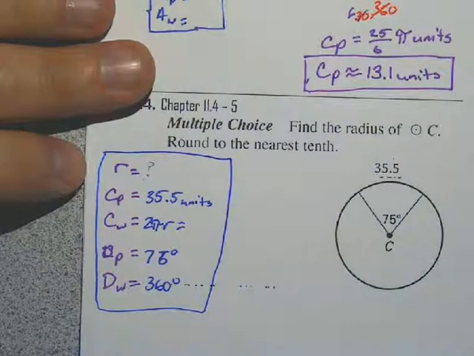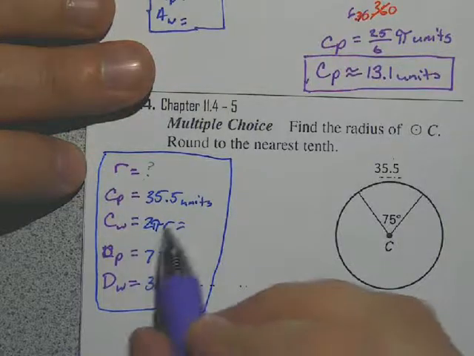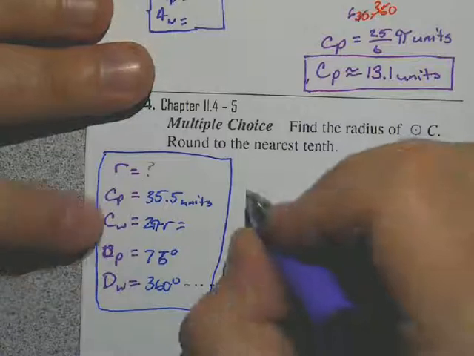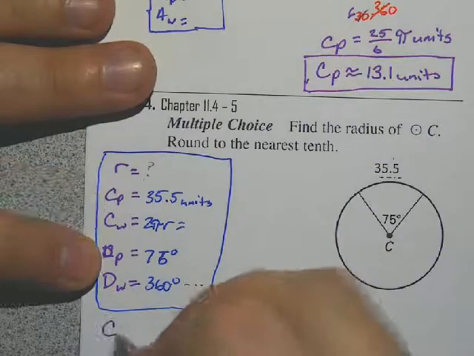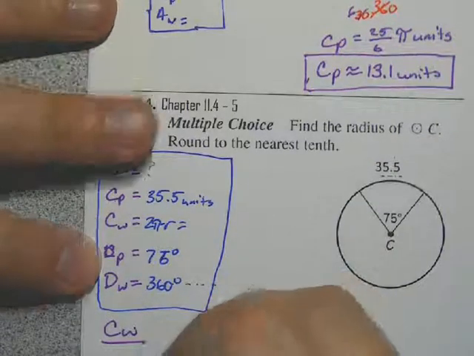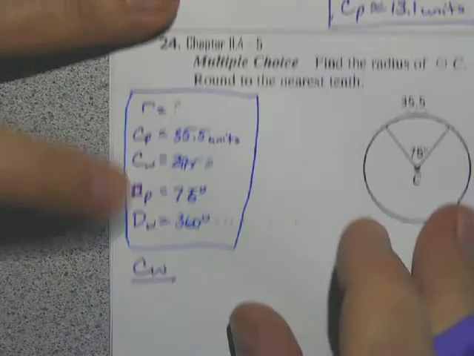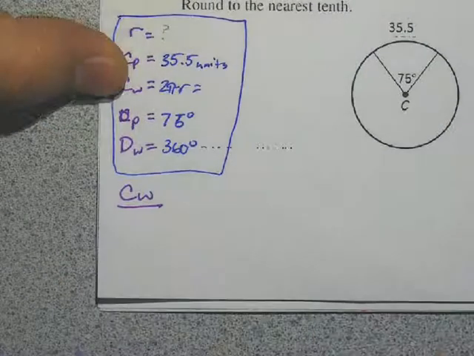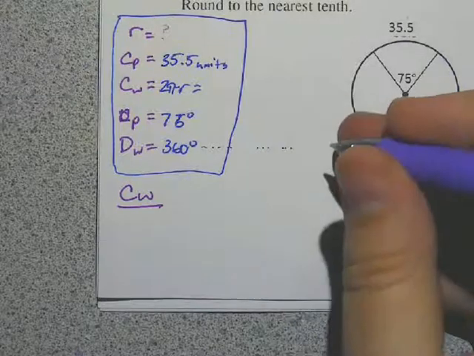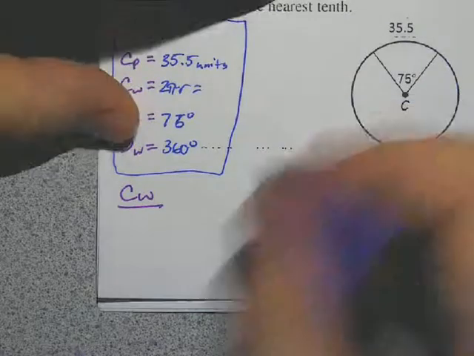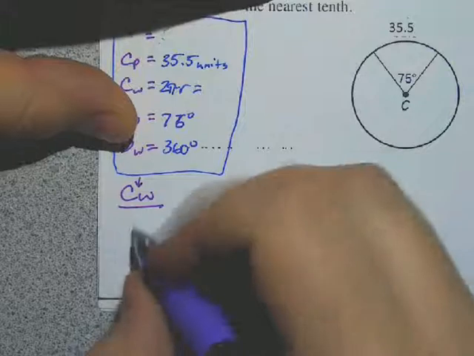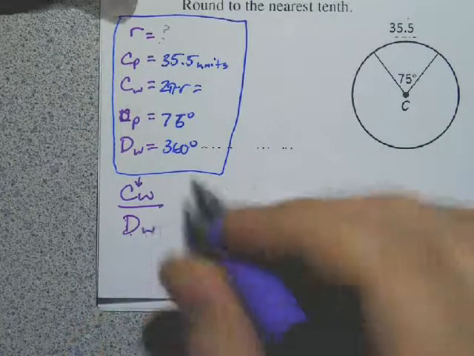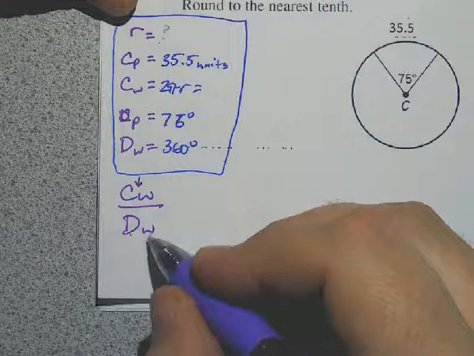If I set up a proportion, it looks like the only thing that has to do with r is CW here. So if I start this by putting CW up in the top right corner, CW is 2. In this case, I'm going to do something a little different. I'm going to show you guys different ways to set up these proportions. As long as we match things up top to bottom and side to side, we'll be good. So if things match this way, you know what? DW, they are both wholes, so I can match those up.